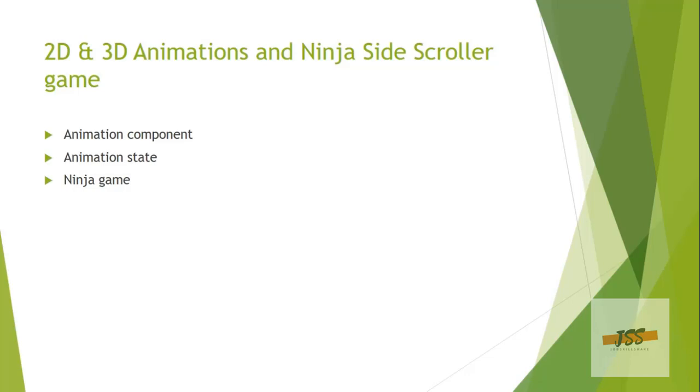And what if we talk about animation state? It can be used to change the layer of an animation, modify playback speed, and for direct control over blending and mixing.